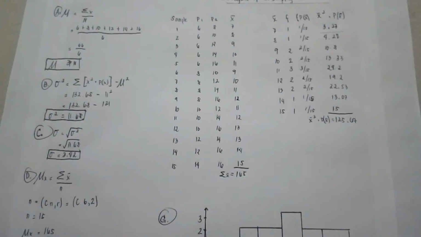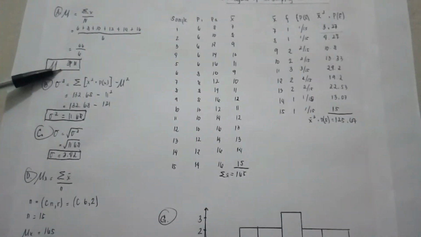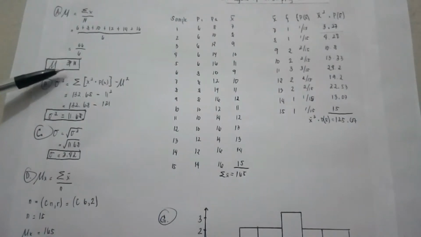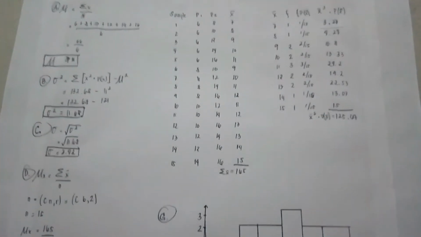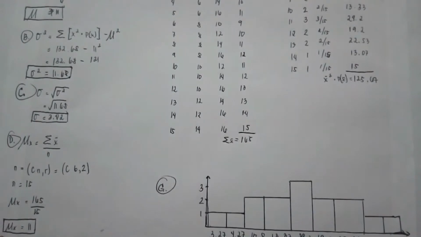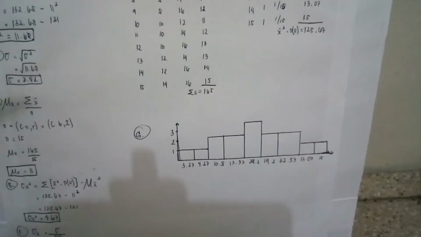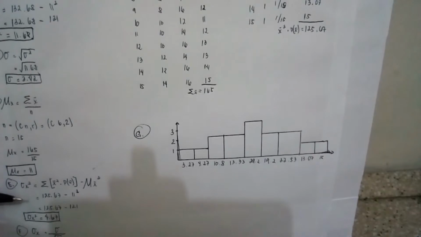So, magkapareho sila dito sa mean of the population. Then, ang next natin kukunin ay ang value ng variance of the sampling distribution.